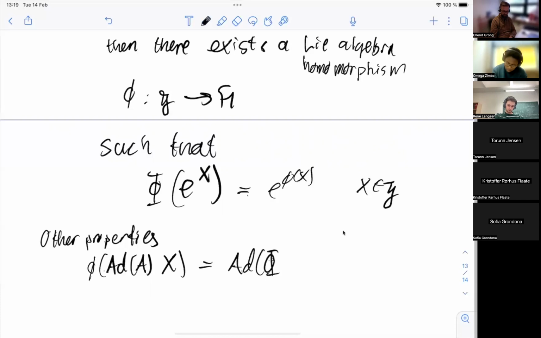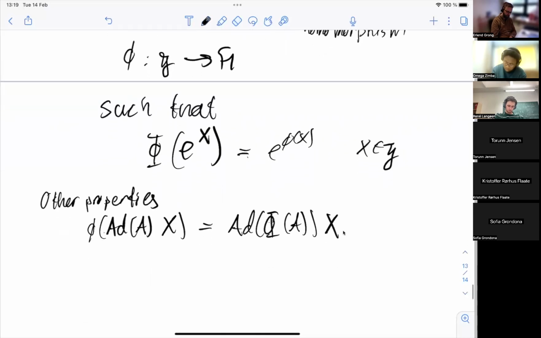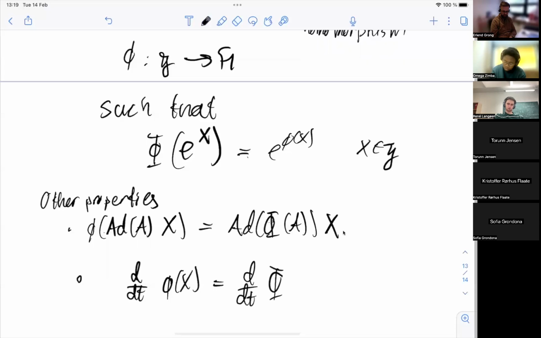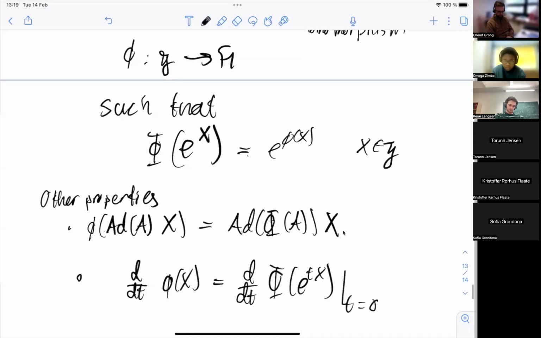This is the same as first applying large Phi to A, and then applying small phi to X. And then finally, how do we get this Lie algebra homomorphism? Well, we look at the exponential, look at what it is after we apply the mapping Phi, take the derivative, and then the output will be the resulting Lie algebra homomorphism.